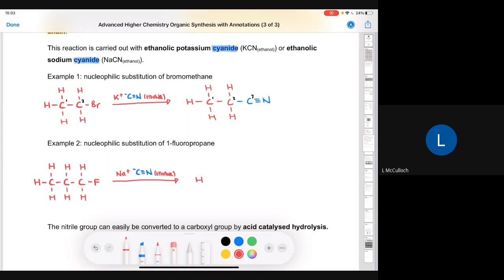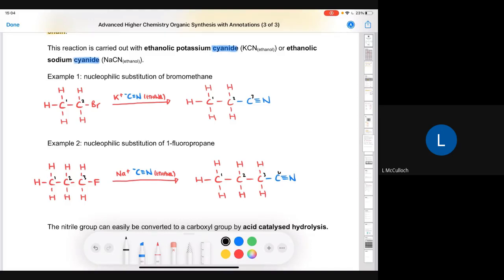What is going to happen here is, again, that fluorine is going to be substituted with the C triple bond N. And again, what we're going to see is our number of carbons in the longest chain has increased from 3 to 4.